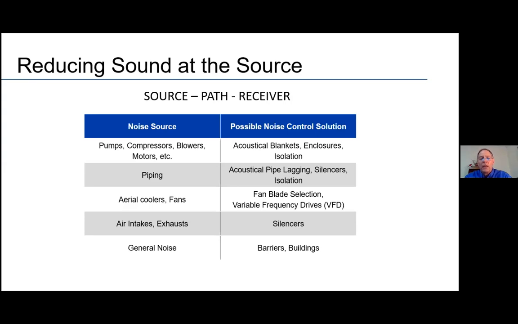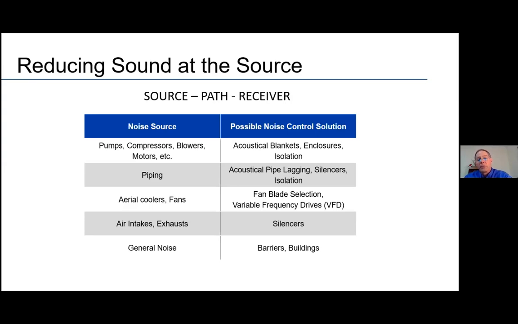So when you have a pump or a compressor or blower or something with a mid-frequency, you might look at acoustic blankets over that piece of equipment, possibly an enclosure around that piece of equipment, and very frequently looking at some type of mechanical isolation, so keeping the vibration of that piece of equipment from coupling into anything else that it might be connected to, like the structural steel that it's mounted to, or possibly the piping that might be connected to it.